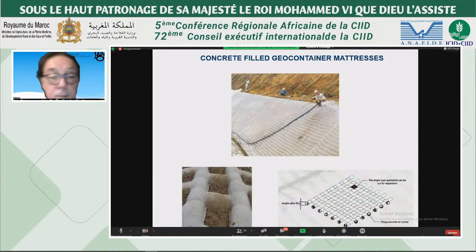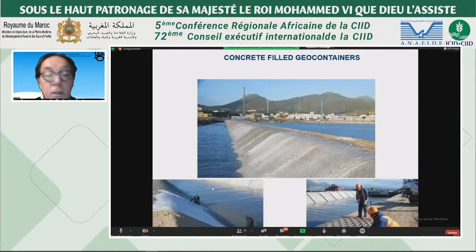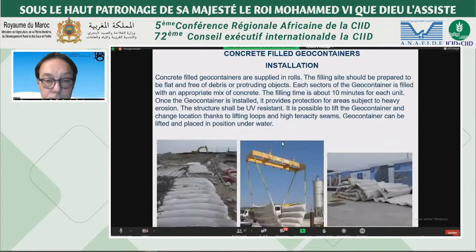Ces matelas peuvent se faire avec du béton armé, avec une petite structure ouverte qui donne la possibilité à la végétation de se développer. Ici, nous avons quelques exemples de ces matelas et de ces gabions.